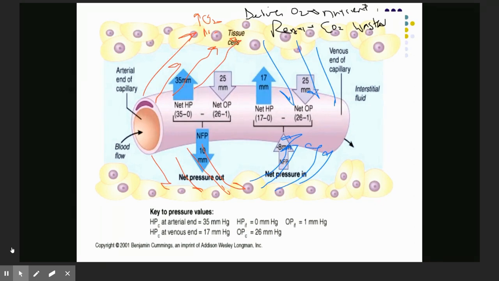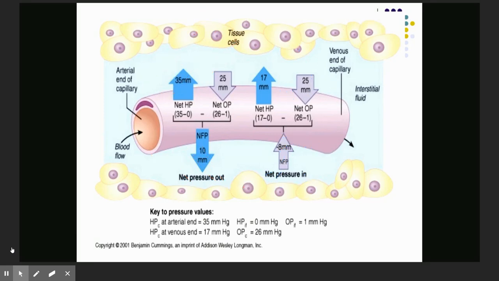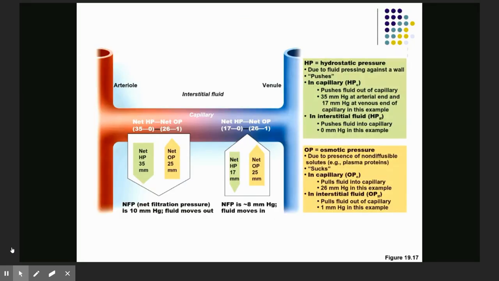But we're not done yet. Let's go back to this one. Remember on this end, what was the number? Over here, the net filtration pressure on this end is 10. What was it on this end?